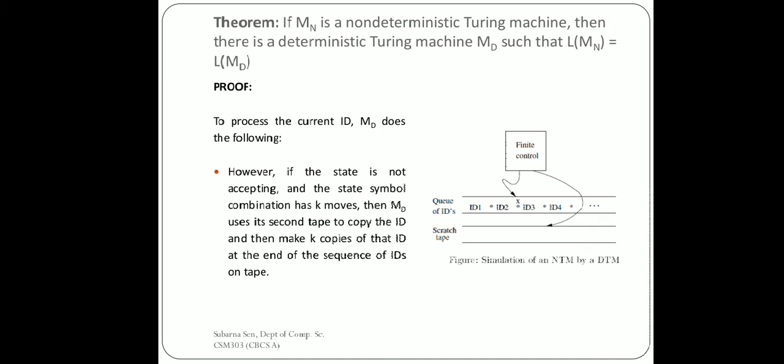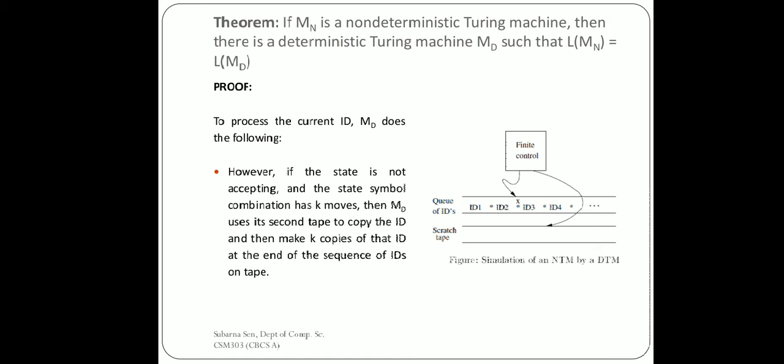It will use its second tape to copy the ID and then make k copies of that ID at the end of the sequence of IDs on the tape. So it is going to copy it k number of times. Why? Because it has k moves. That's why we need k copies of it, so that we can mark each one uniquely, since we are going to convert it to a deterministic Turing machine.